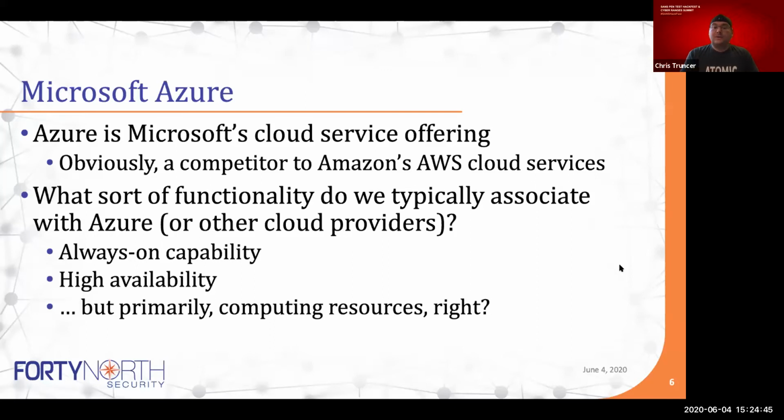So what functionality do we typically associate with Azure, or really any cloud provider, right? Well, the main two, hopefully, are the always-on capability and high availability, right? Now, of course, we learned that that's not the case when Northern Virginia gets hit with massive storms and Amazon's East environment goes down. But that's pretty rare, right? For the most part, what we associate with cloud capability, besides it being someone else's computer, is that it's always on and available.